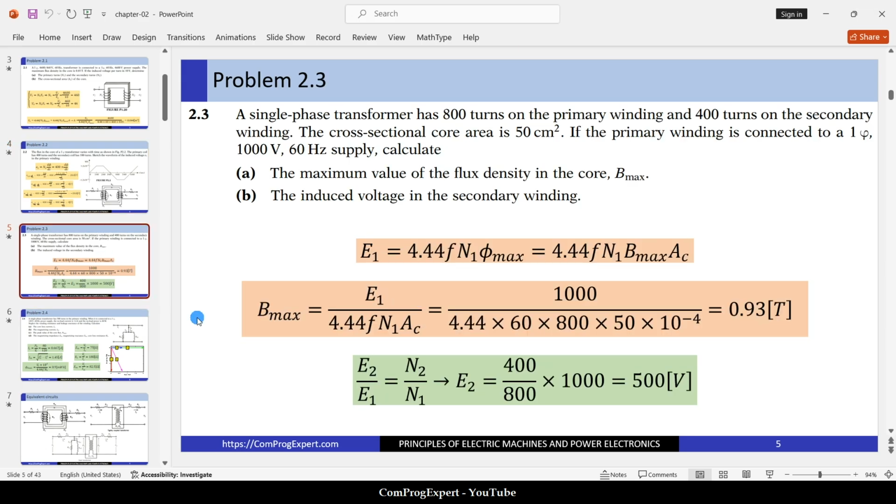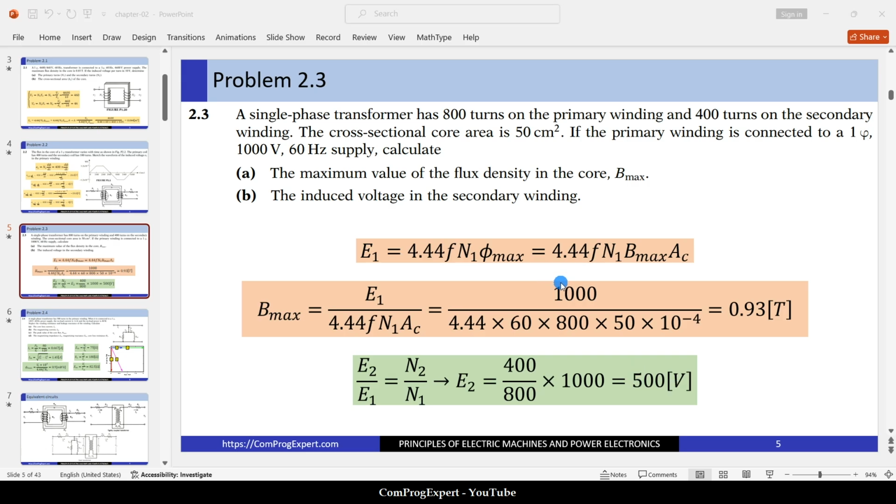And if you replace the number of turns, we have N2 and N1 here, 400 turns and 800 turns. We can calculate the induced voltage in the secondary winding, that is equal to 400 divided by 800 times 1000, that is equal to 500 volts.